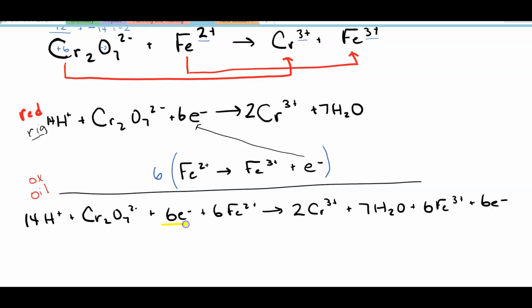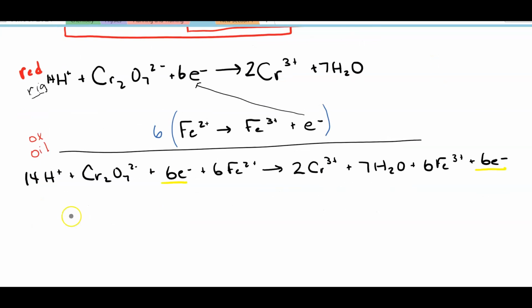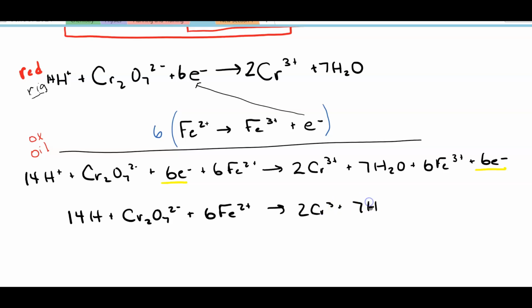Looking on both sides, the redundancy is the 6 electrons. So my total balanced equation is 14 hydrogens, 1 dichromate ion, and 6 iron 2s becoming 2 chromium 3s, 7 waters, and 6 iron 3s. I won't include the electrons anymore.